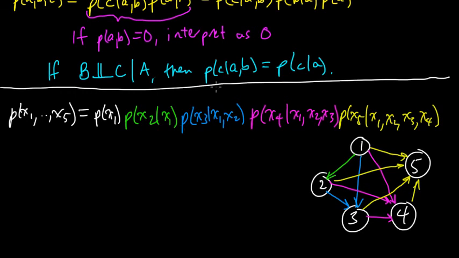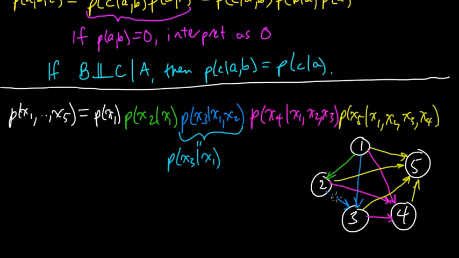And now the interesting thing is to think about what if we had certain conditional independence properties here? What if, for example, x3 was conditionally independent of x2 given x1? Then that would be equal to this, and we would drop the arrow from x2 to x3.